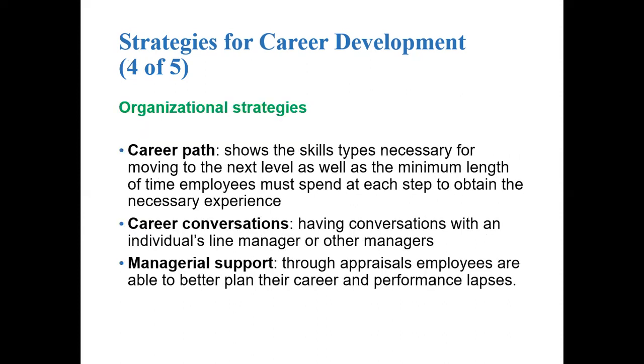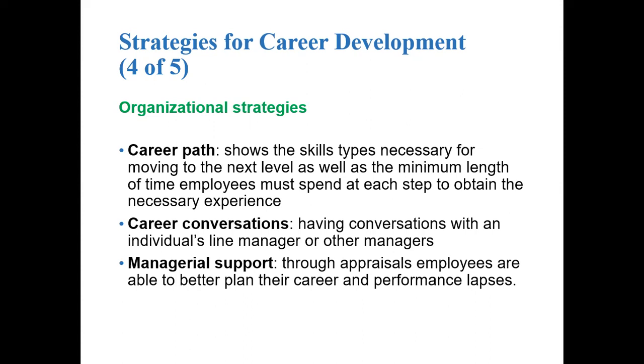Now, on the part of the organization, what organizational strategies can be taken to help with career development? Career path. This shows the skill types necessary for moving to the next level, as well as the minimum length of time employees must spend at each step to obtain the necessary experience.